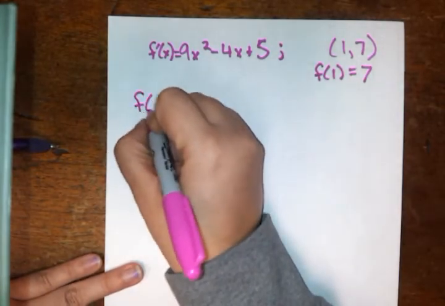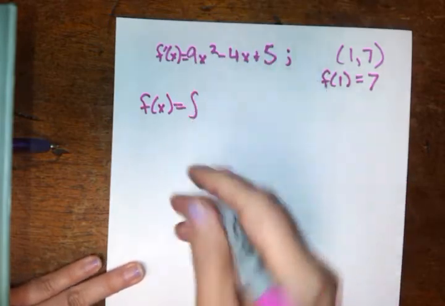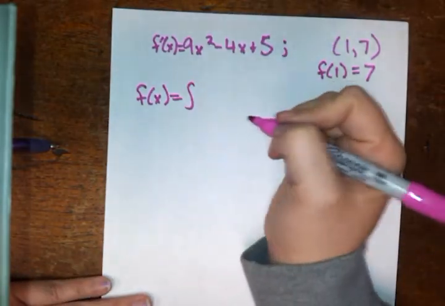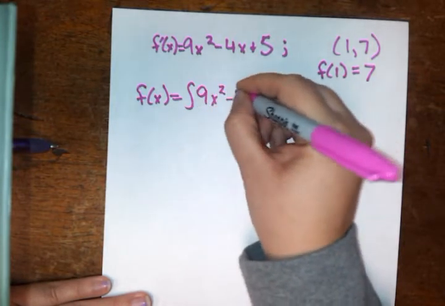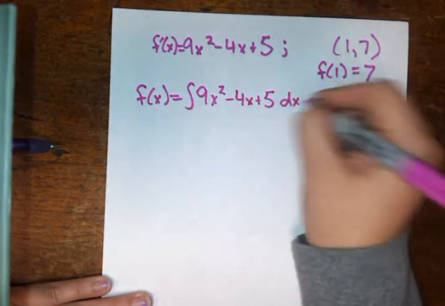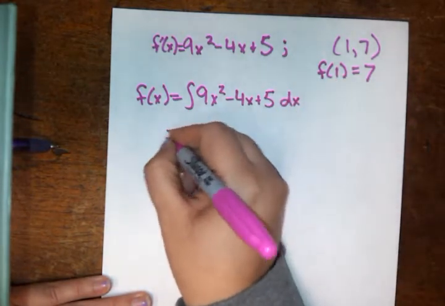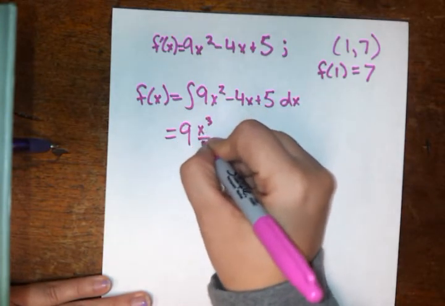So we want to find f of x, this function, and it's just going to be the integral of the derivative. We just need to kind of work backwards from the derivative. So we need the integral of 9x squared minus 4x plus 5, with respect to x. Okay? So let's just take that integral. No big deal. 9 times x cubed over 3.